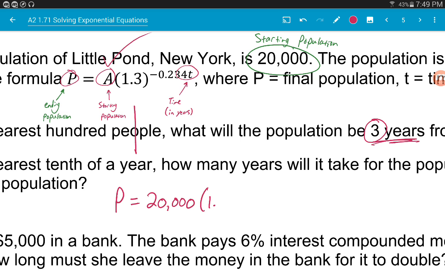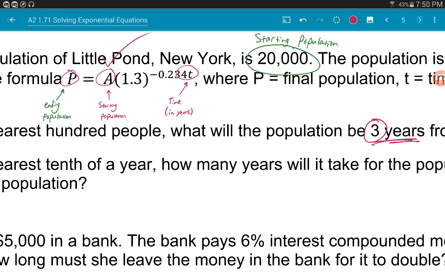I'm just plugging into this equation up here, by the way, times 1.3 raised to the negative 0.234t. But they tell me t. They tell me that the time is 3 years. So this is going to be times 3. And I'll put that in parentheses. This is really easy to solve at this point. This is nothing but a calculator job.